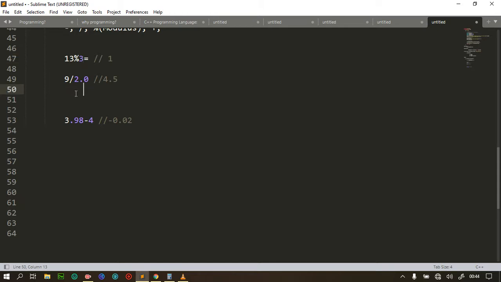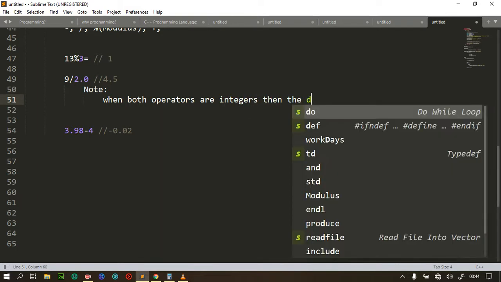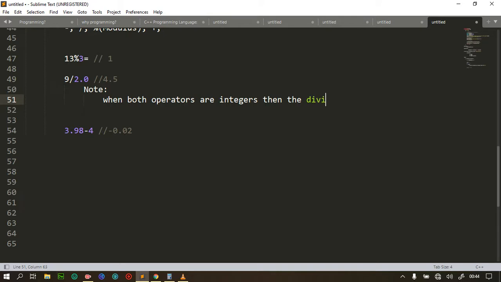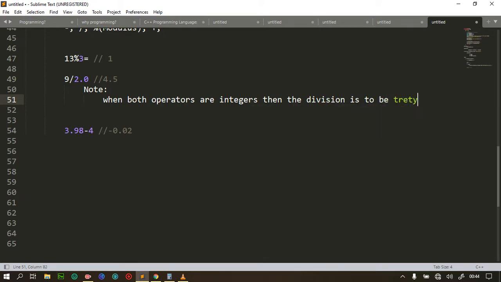I think I need to write. When both operands are integers, then the division is treated as integer division.